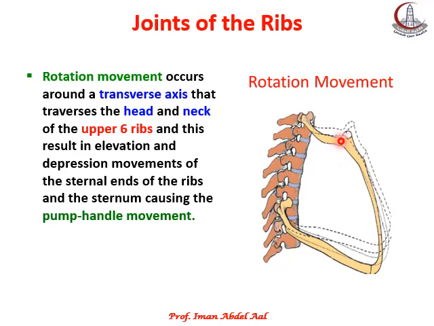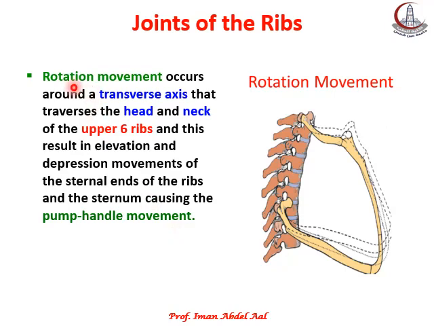This is the sternal end of the rib. So the rib either goes upwards or downwards, like these dotted lines. So it causes the sternum to move up and down. This movement we call the pump handle movement.